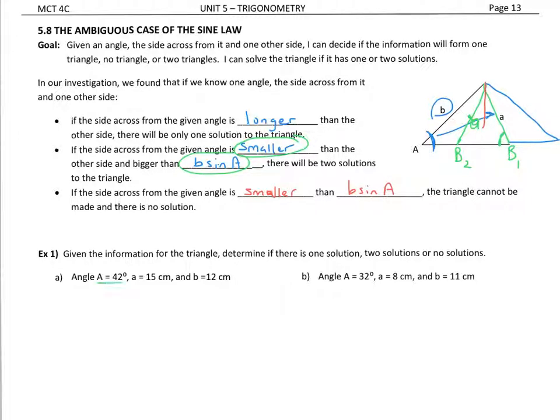Given the information for the triangle, determine if there's one solution, two solutions, or no solution. So here's angle A and the side across from it. I'm first going to compare that to the other side. Since side A is bigger or longer than side B, there's only going to be one solution.